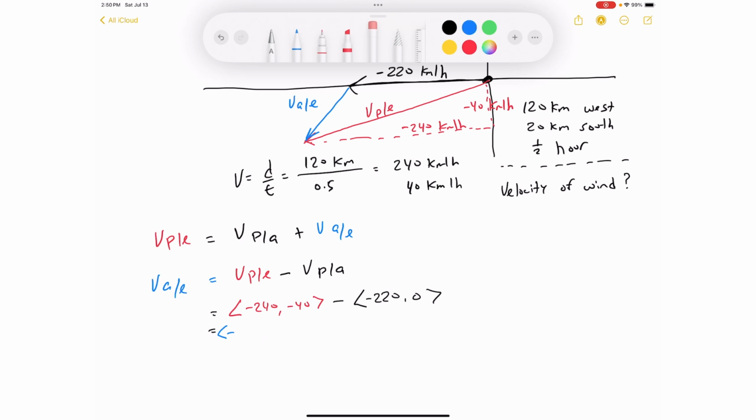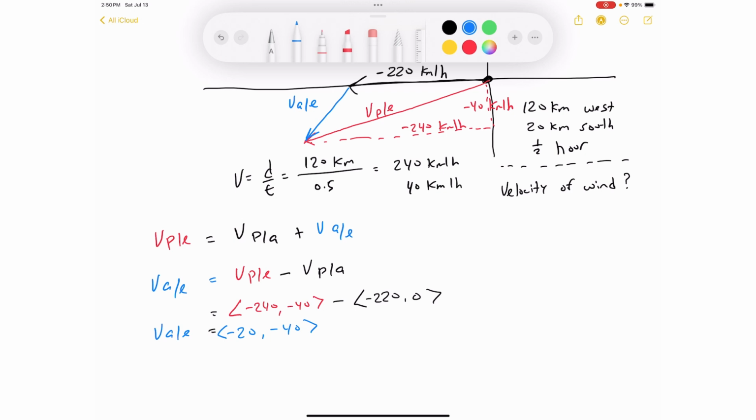That's my bad. Yeah, negative 240 and a positive 220 ends up being a negative 20. And then negative 40 and 0, of course, is negative 40. So this is the velocity of the air relative to the Earth. That blue vector is negative 20 in the x direction, and negative 40 in the y direction.